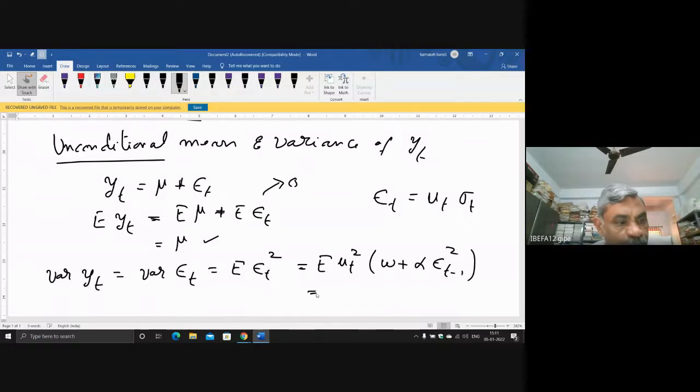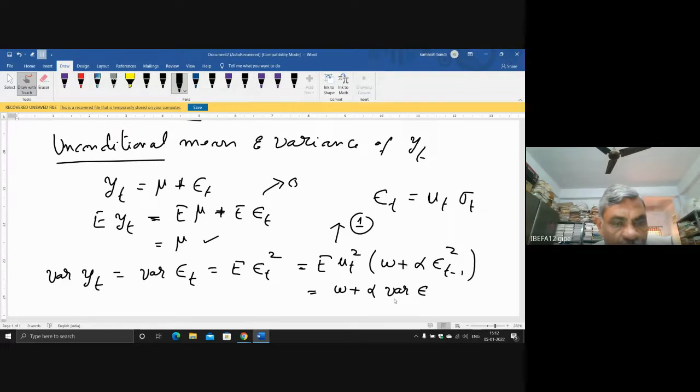So this is nothing but omega plus, this is unity, this is nothing but 1, and this will be omega plus alpha into the variance of epsilon t. So the variance of yt is the same as the variance of epsilon t.